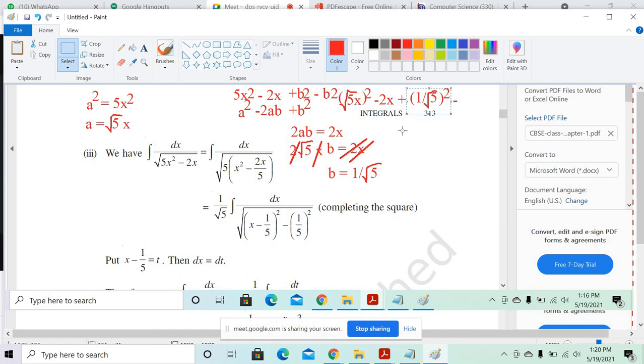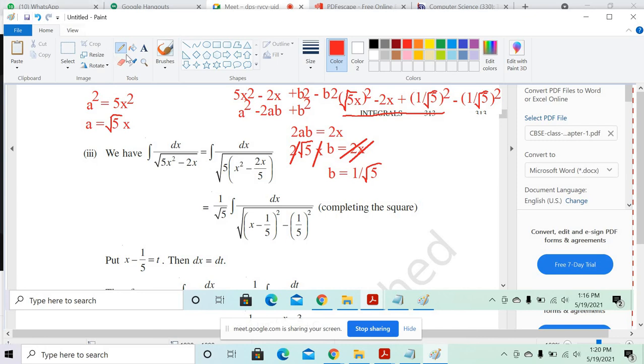Yes, sir. Done. So group it now. This will become in the form of root 5x minus 1 by root 5 whole square. Got it? Yes, sir. Correct, no?